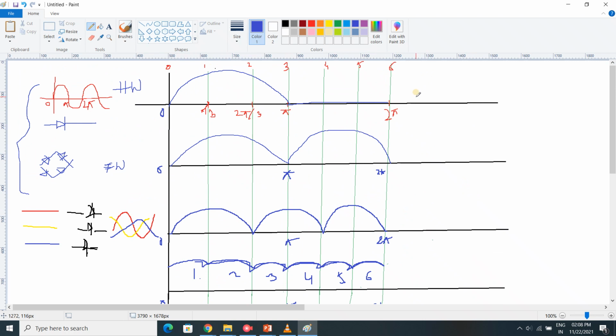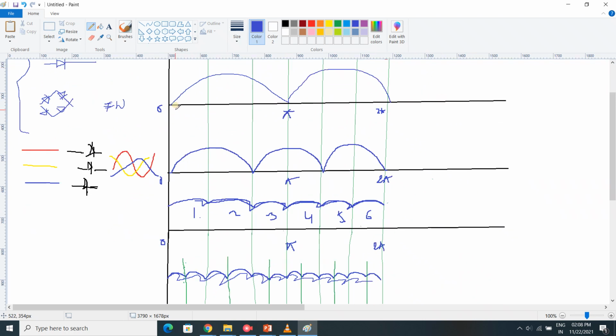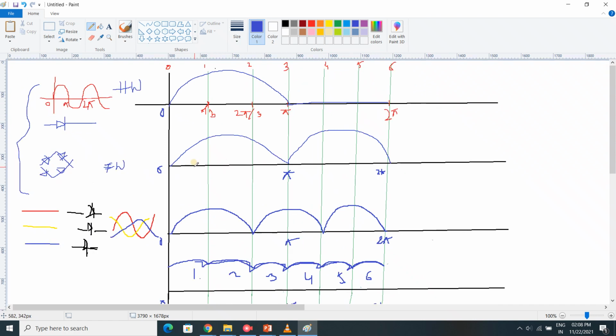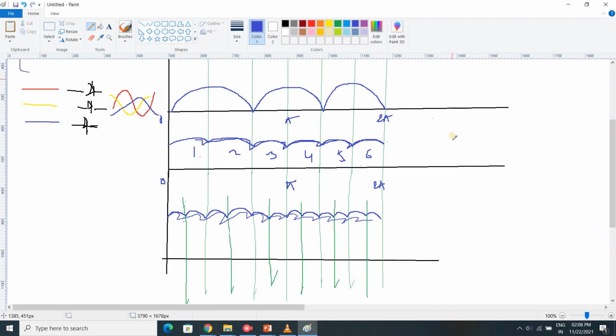You can compare that previously for single phase half wave we have only half wave, that is not at all utilized anywhere. Then for single phase full wave rectifier we generally use this, and with the help of a capacitor we are able to get an almost smooth curve. But for 3 phase, 6 pulse is generally used, and still 6 pulse has some limitations, because in order to get a smoother curve we use 12 pulse.